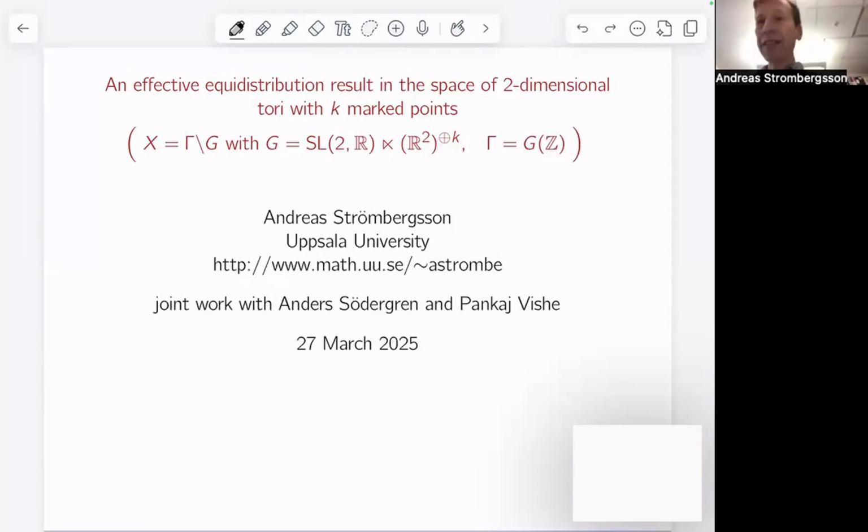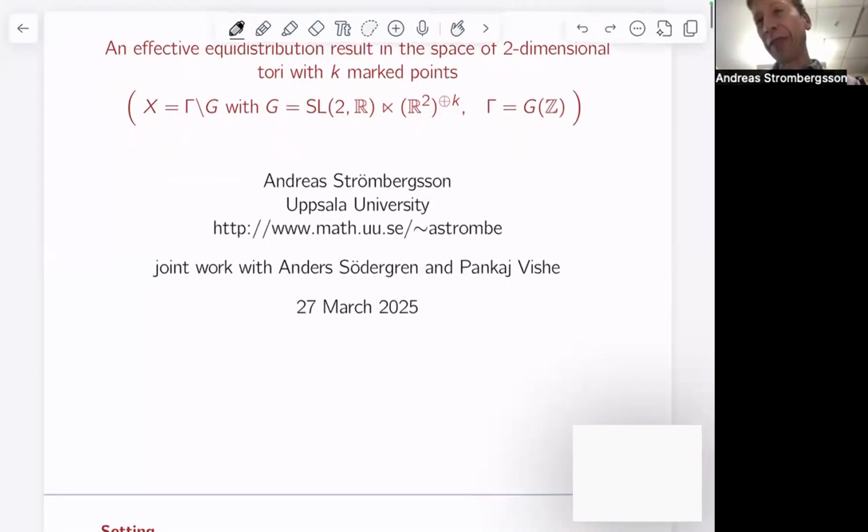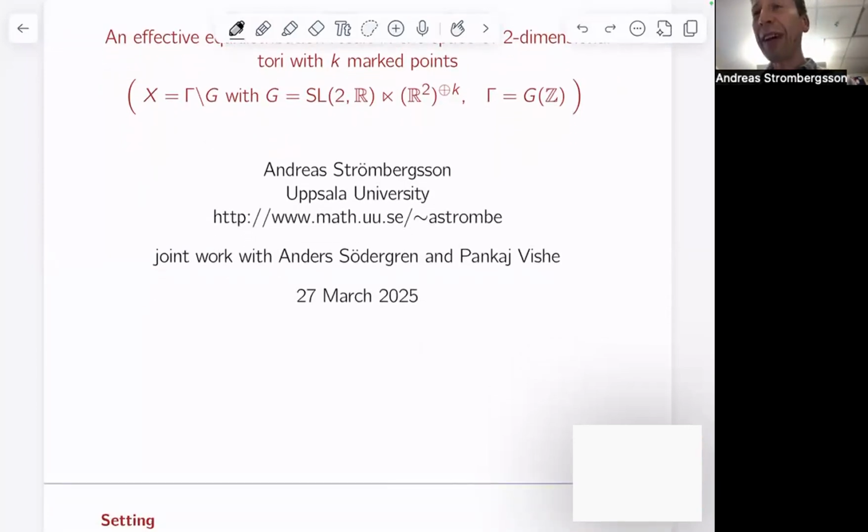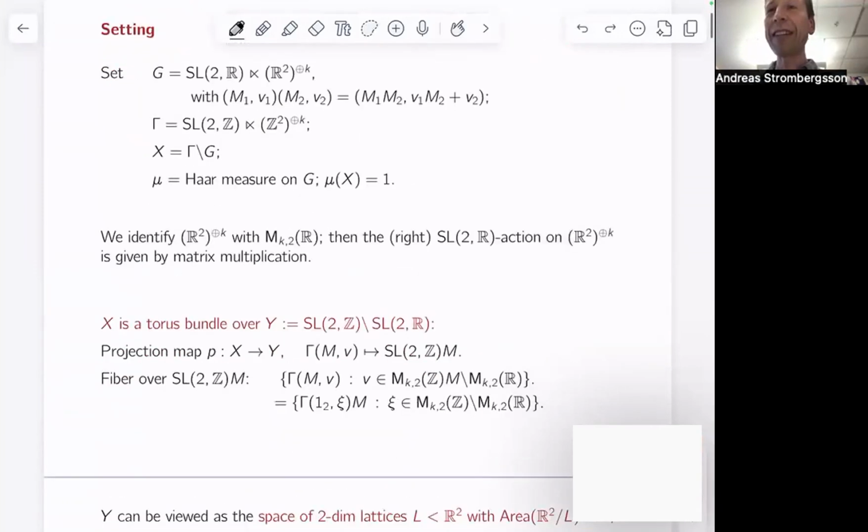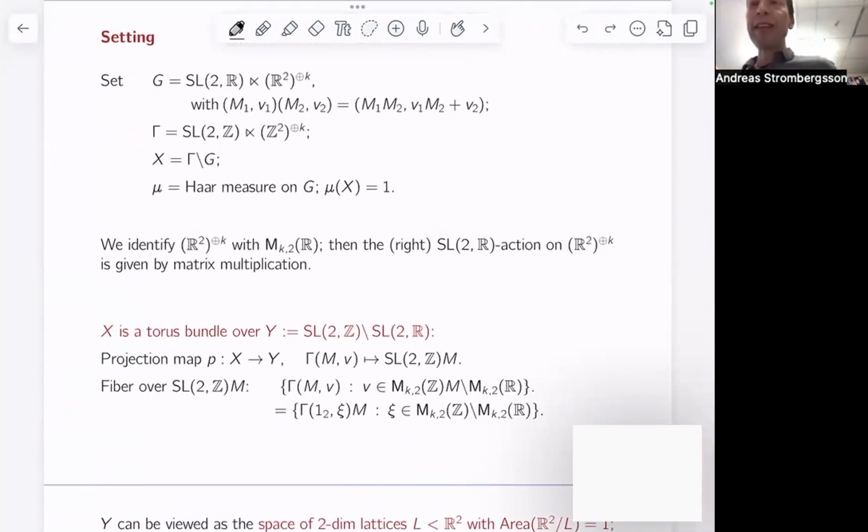So I will go directly to introduce the setting that I will consider today, and then at some point I will also give a brief overview of some other results in the same area. But here's the setting that I will consider. So we let G be the semidirect product of SL2R with K copies of R2.